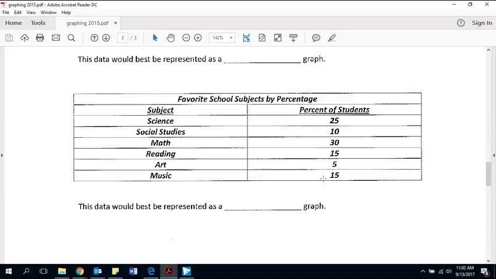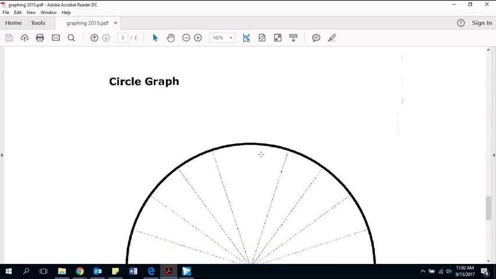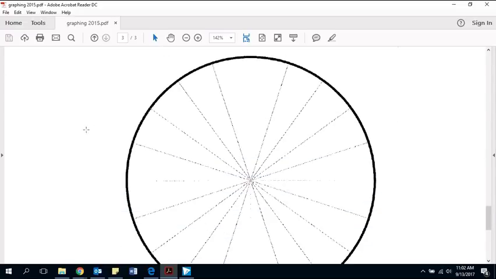I would recommend using a pencil just to section off each subject to make sure that your math was correct, because you should not have any extra triangles at the end, and you should have enough triangles to fit in all of these subjects. These all add up to 100. So do that first before you ruin your template, because you only get one.